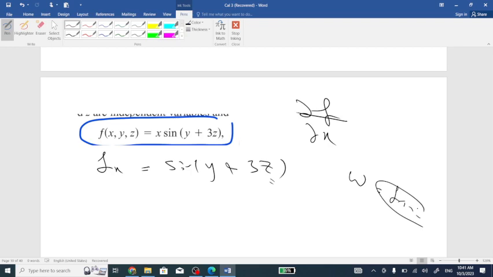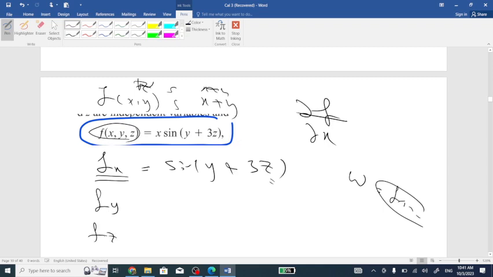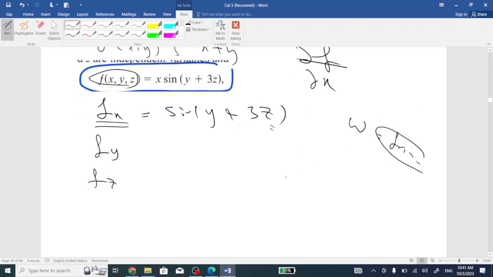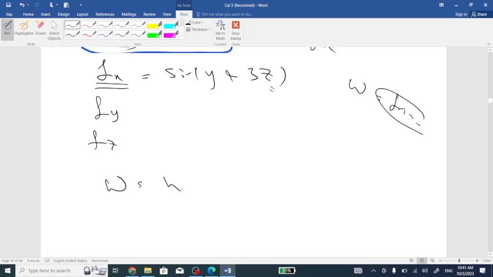Then W is a function of x, y, z. For example, W equal to W square y minus WZ plus ln of W. This is implicit. Okay, you got it or not?